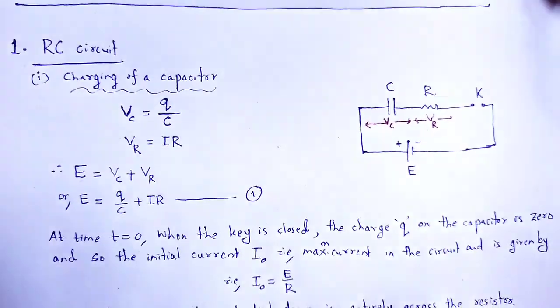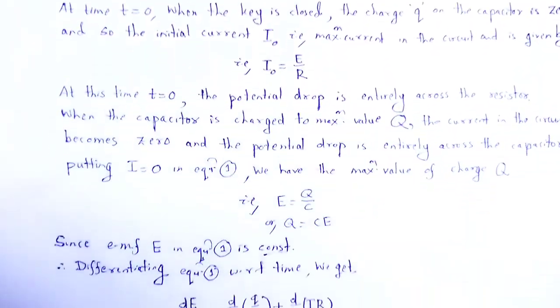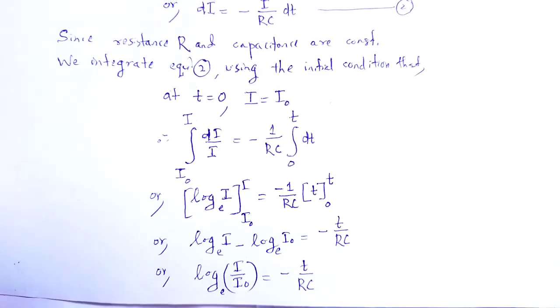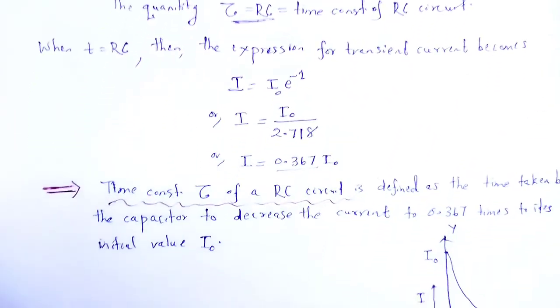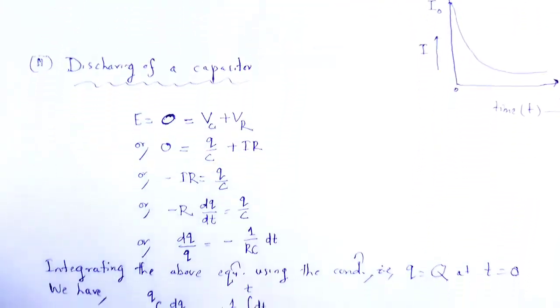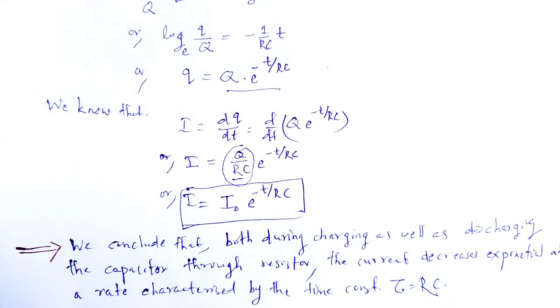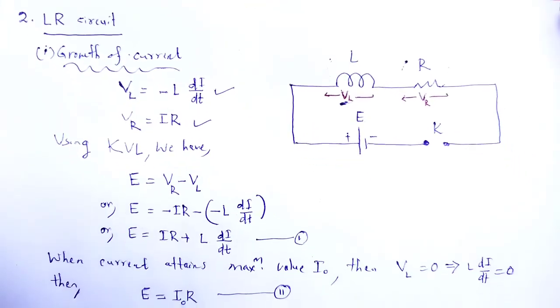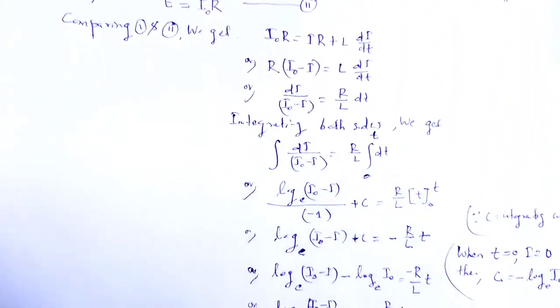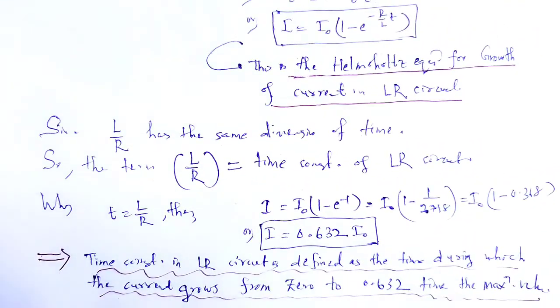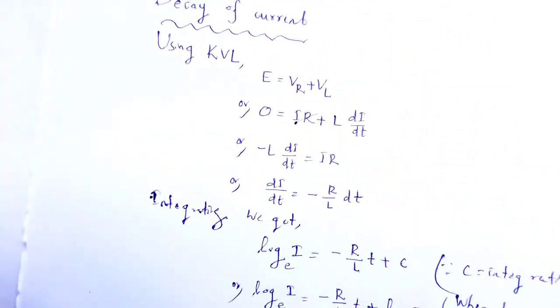So, in case of RC circuit, charging of capacitor, discharging of a capacitor, again for LR circuit, growth of current, and decay of current.